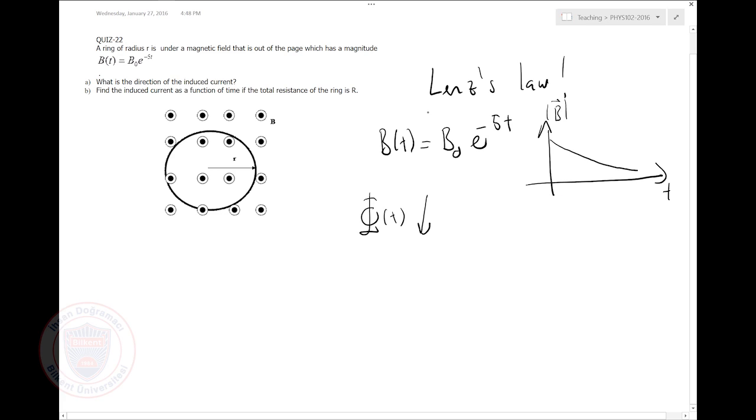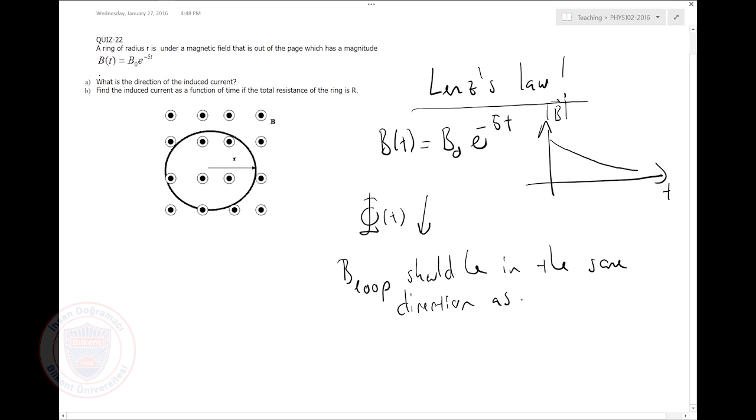So what does Mr. Lenz tell us? He tells us that the loop is going to resist that change, which means B loop should be in the same direction as B, which means it's coming towards me.